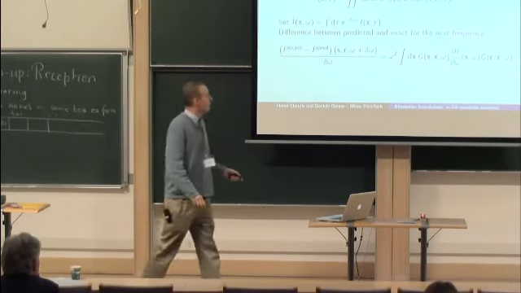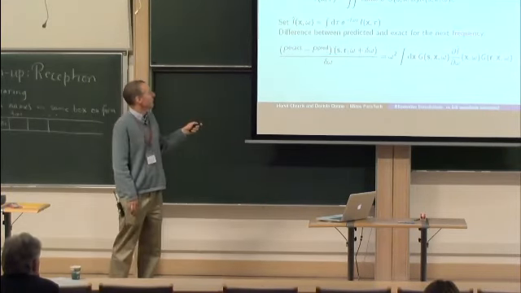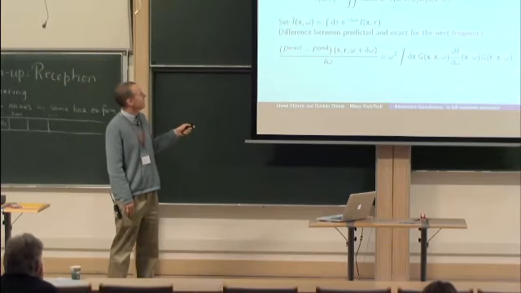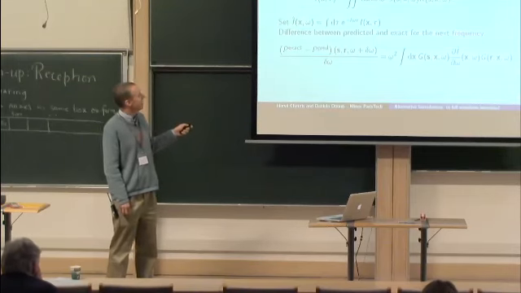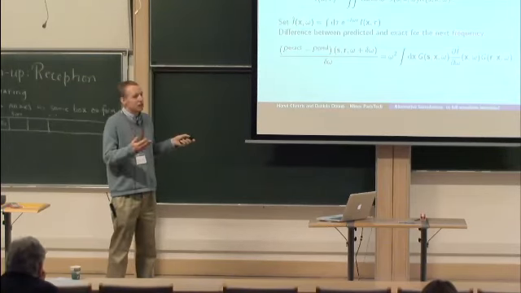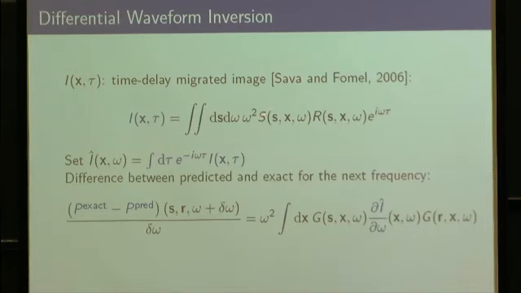You could work around this a bit with different formulations, and here it's a different image condition. Here you correlate the forward field with the back-propagated field. But if you have an incorrect model, you have the possibility to introduce some time delay. This has already been mentioned by Wim Mulder on the first day.